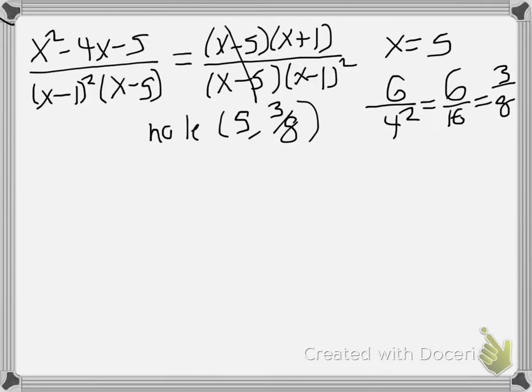Now, vertical asymptote. Well, x minus 1 squared equals 0. I have it at x equals 1. So basically what that tells me is that this is a double asymptote.